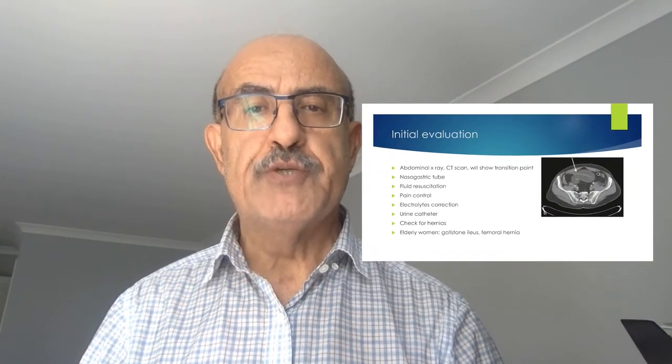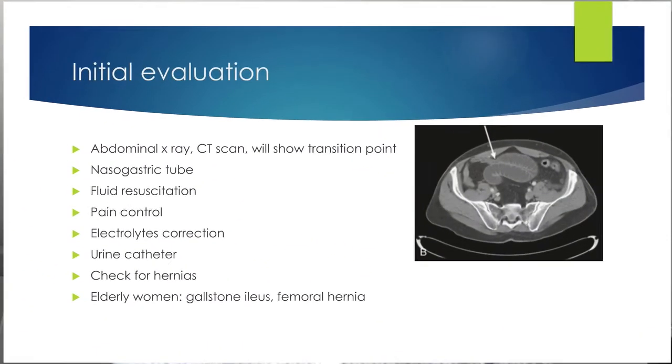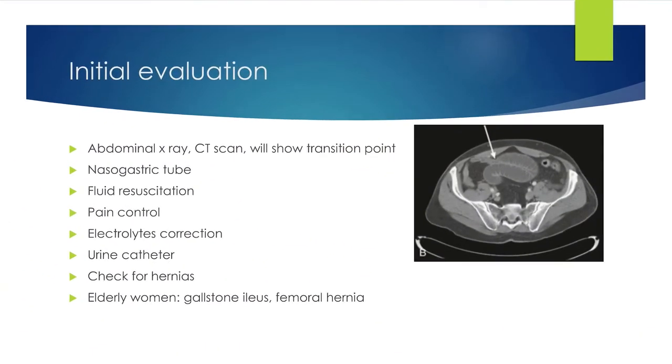Now, if we go to the patient and we think because of their clinical presentation and their past history of surgery, we will need to conduct the initial evaluation. Over the years, abdominal X-ray has been the gold standard, and with the small bowel obstruction, you see that typical stepwise layered pattern of dilated small bowel with what we call valvulae conniventes.